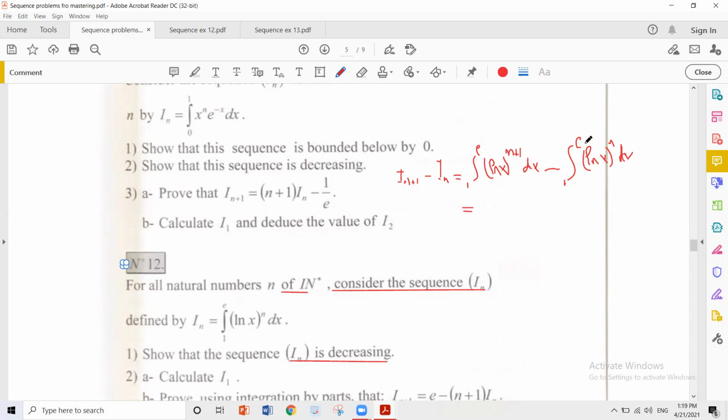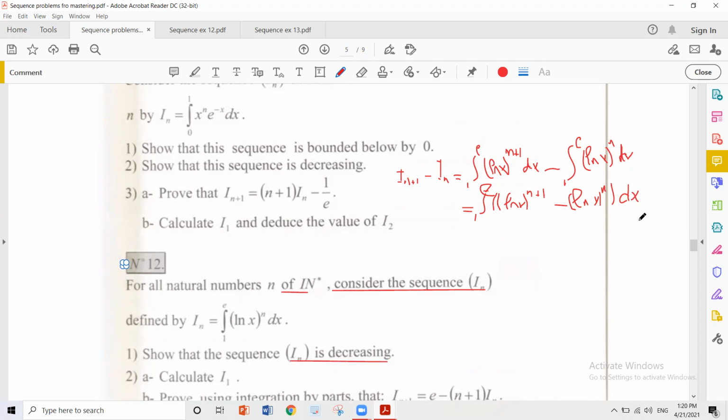We do not calculate, we put them under the same integral: the integral of (ln x) to the power n plus 1 minus (ln x) to the power n dx. I put it under the same integral.